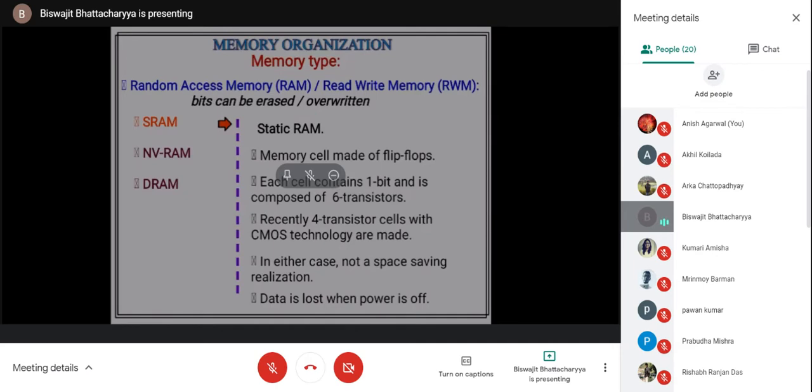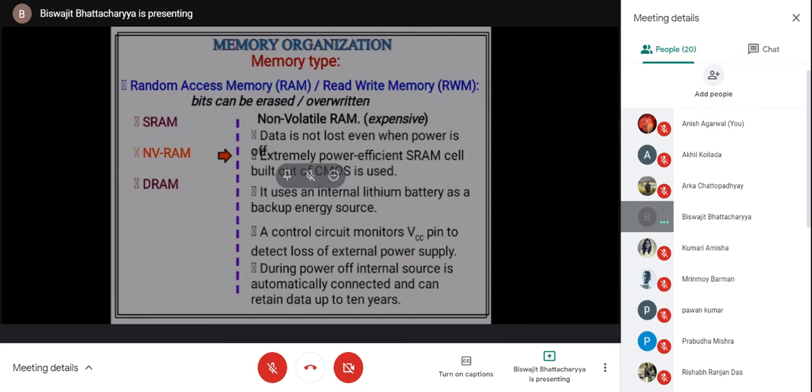Now next is NVRAM, or non-volatile RAM. It is quite an expensive solution. Non-volatile means the bit content does not go away even when the power is withdrawn, removed or lost. So the bit remains stored inside. An internal battery, mainly a lithium battery, is used.